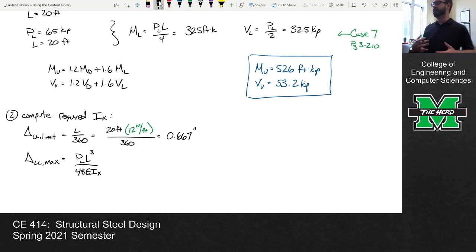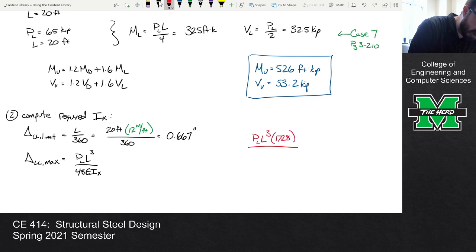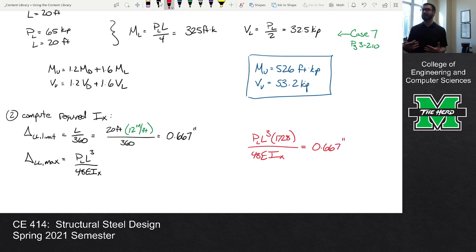So what we would do is set PL cubed, and don't forget your conversion factor, over 48 EI, equal to 0.667 inches. And ultimately I'm just solving for the moment of inertia.